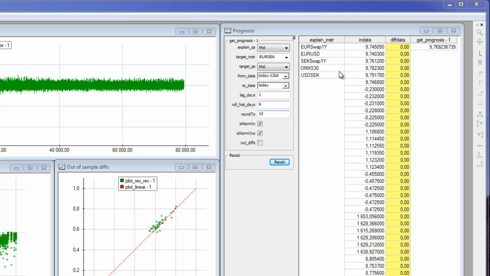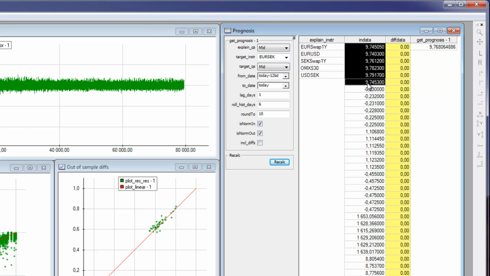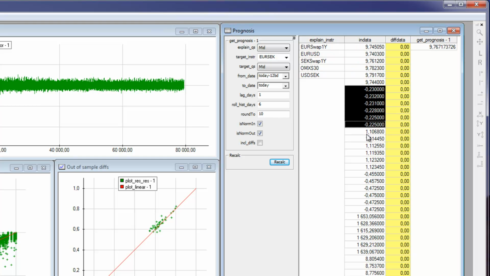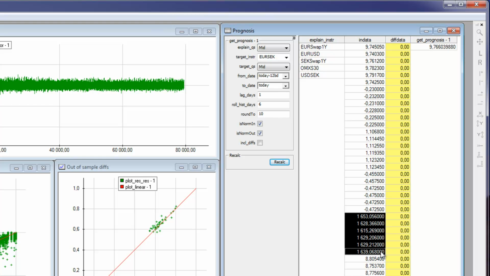We're then feeding this also with the last point in real time, which in this case we're taking from Reuters real time. To get the prognosis using the trained network, obviously we need the 6 days history. So here we have the euro-SEK exchange rate itself, and we have the interest rate, the euro swap, 1 year, and so on. And here we have the OMX.